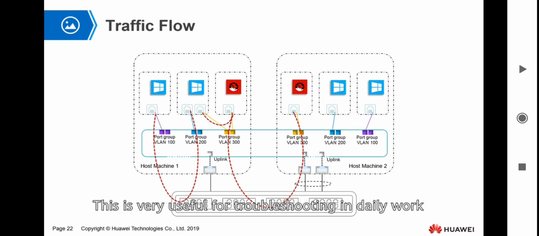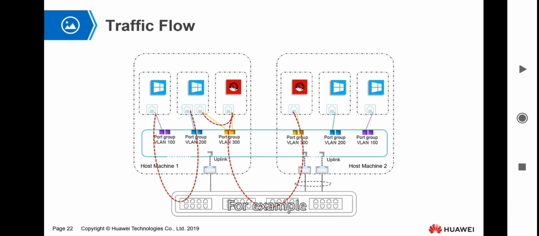This is very useful for troubleshooting in daily work. For example, if two virtual machines cannot access each other normally, what is the problem? Is the virtual machine's own IP address right? Is the port group right? Does it go out to the physical network?